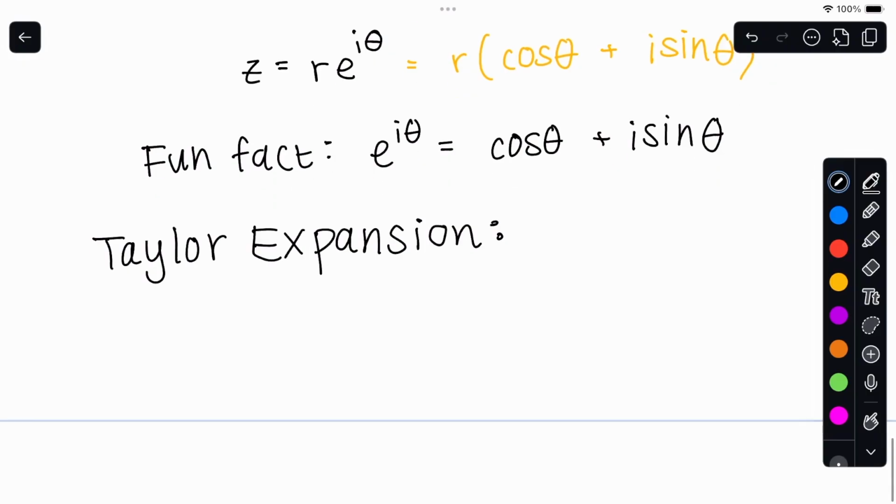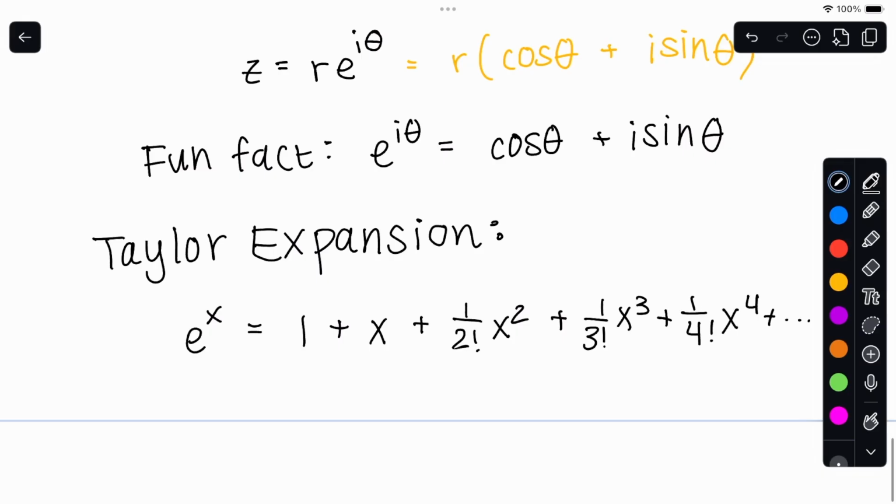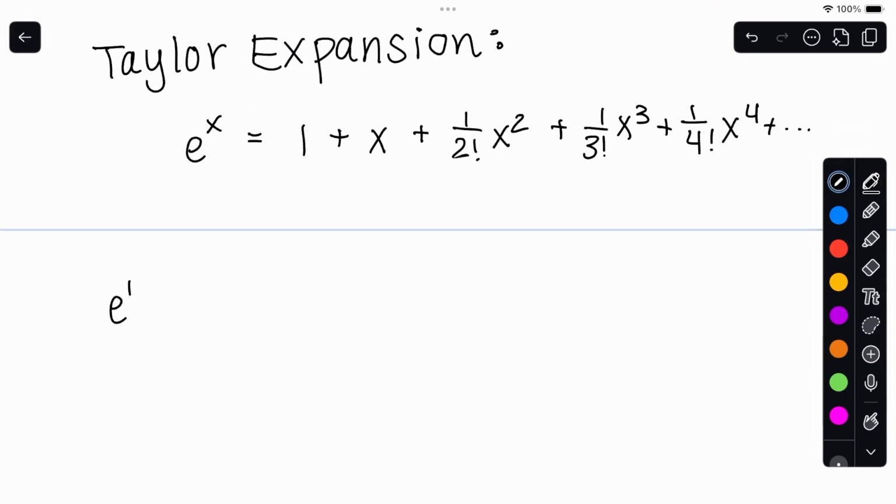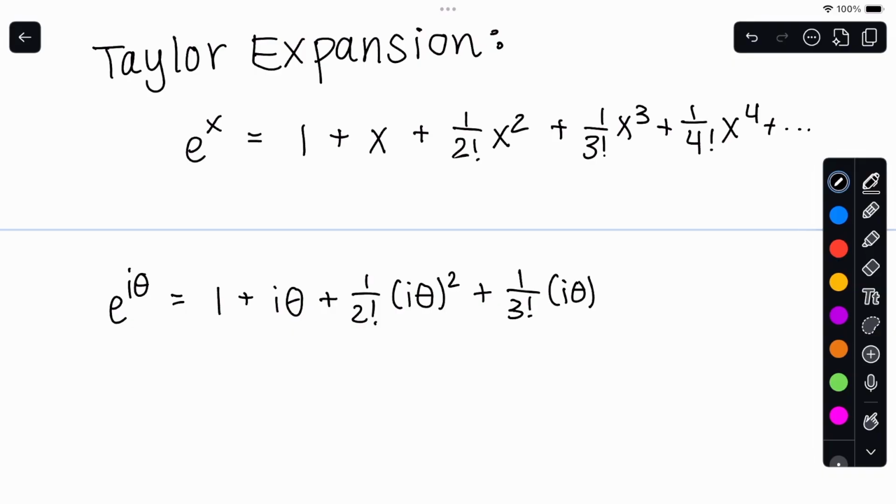We know that we can express the function e to the x as 1 plus x plus 1 over 2 factorial x squared plus 1 over 3 factorial x cubed, and so on. Now we can see what happens when we plug in x equals i theta. Then we would have 1 plus i theta plus 1 over 2 factorial i theta squared plus 1 over 3 factorial i theta cubed.